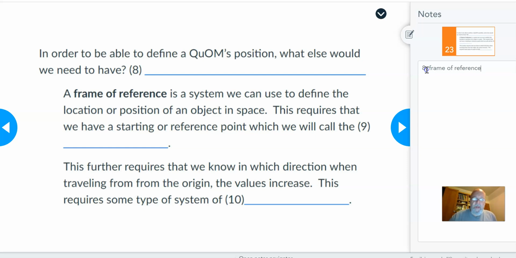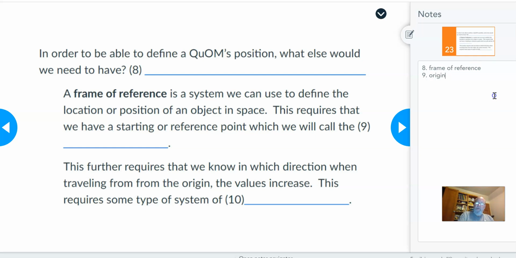Okay, I've got to be able to tell where something is, and in describing where that something is, I have to relate it to some reference point. So a reference system is a system we can use to define the location or position of an object in space. This requires that we have a starting or reference point that we will call the origin.